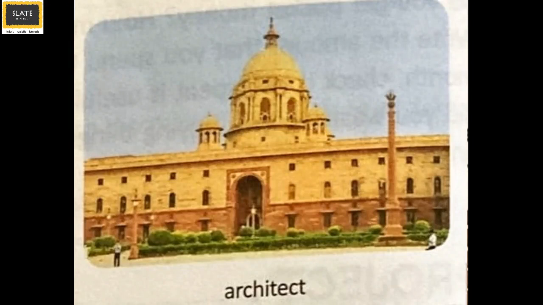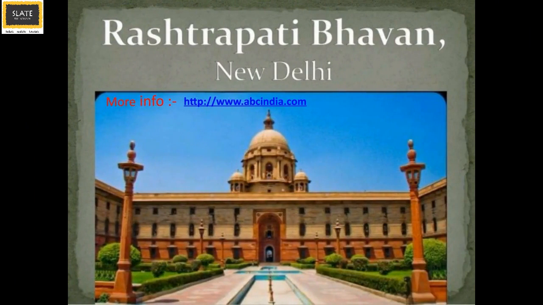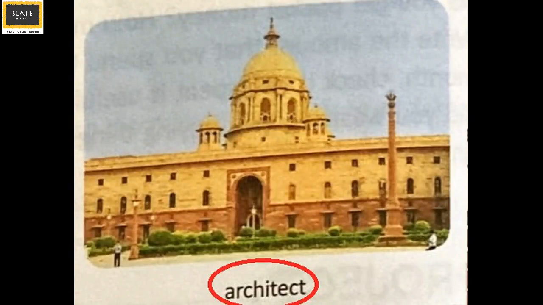The third picture is of a building. Can you all recognize this building? Very good. This is the Rashtrapati Bhavan, which is located in Delhi. It is the official residence of the President of India. Now, the name of the person written below this picture is architect.